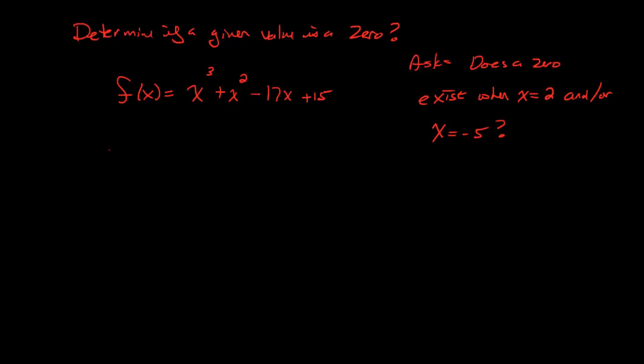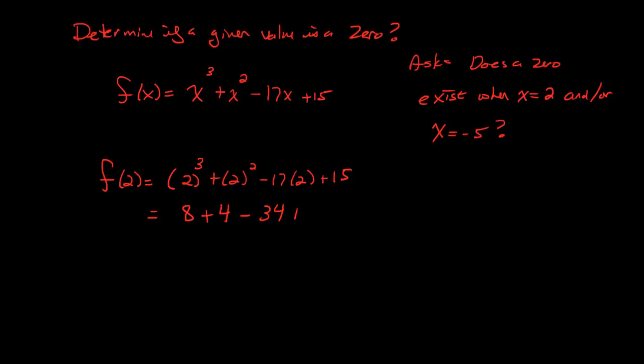So let's go ahead and find f of 2. F of 2 means everywhere we see an x, we're going to plug in 2. So we're going to have 2 cubed plus 2 squared minus 17 times 2 plus 15. So I plugged in. This will give me a value of 8 plus 4 minus 34 plus 15. 8 plus 4 is 12, and 12 and 15 is 27. 27 minus 34 is negative 7.